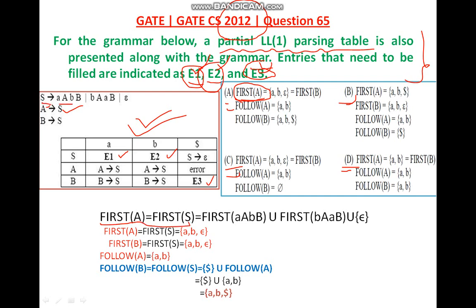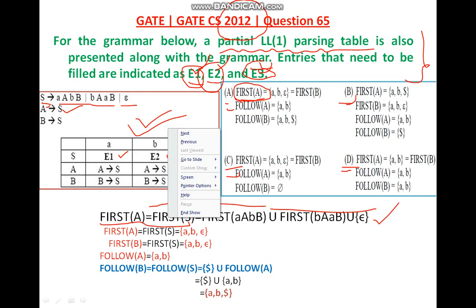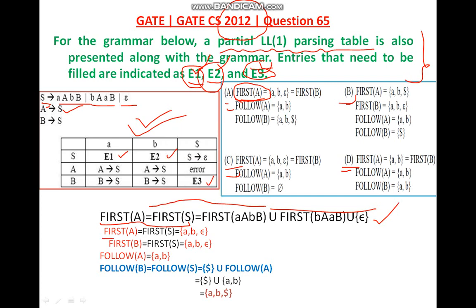First of S equals first of this term union this term and this term. If you solve this, you would get first of A equals first of S equals a, b and epsilon.